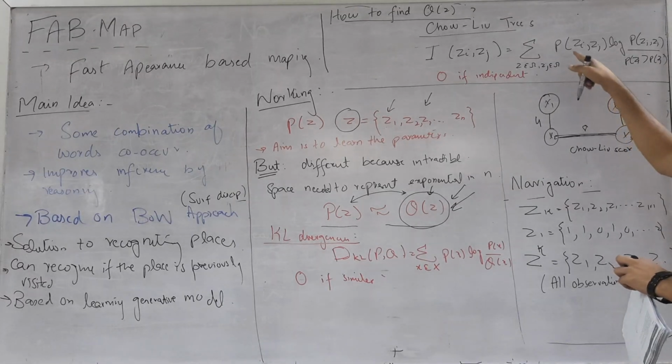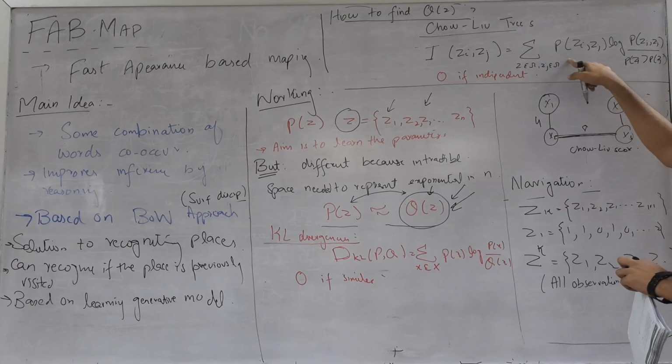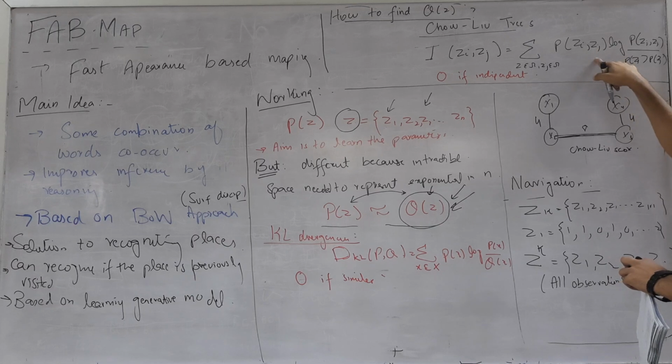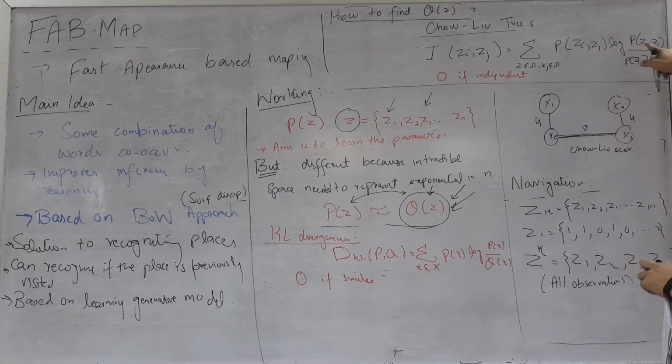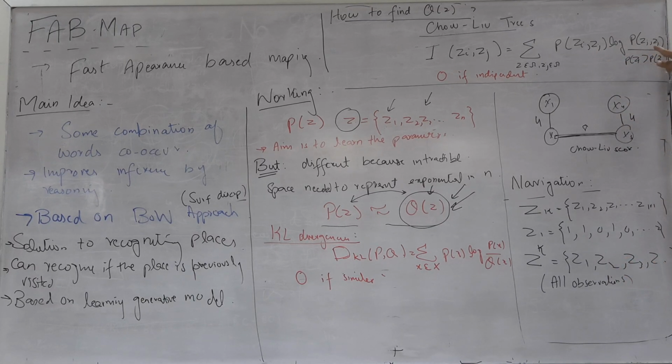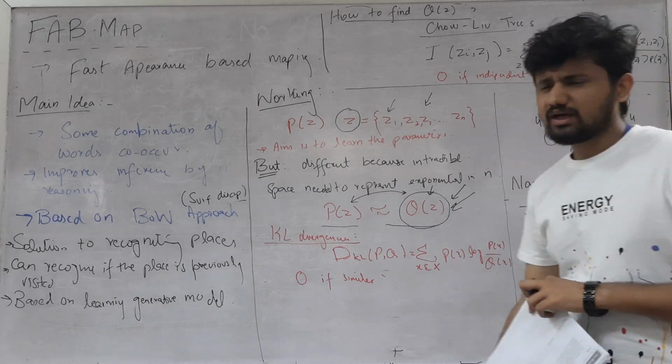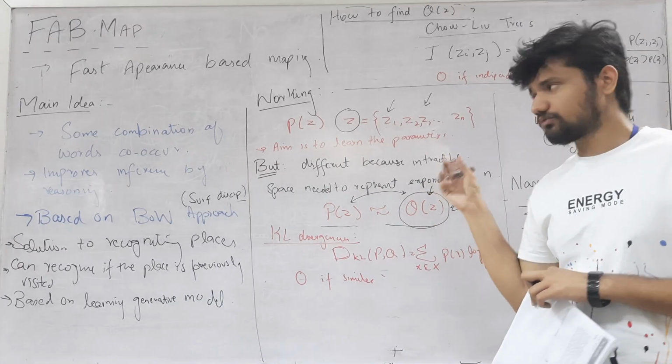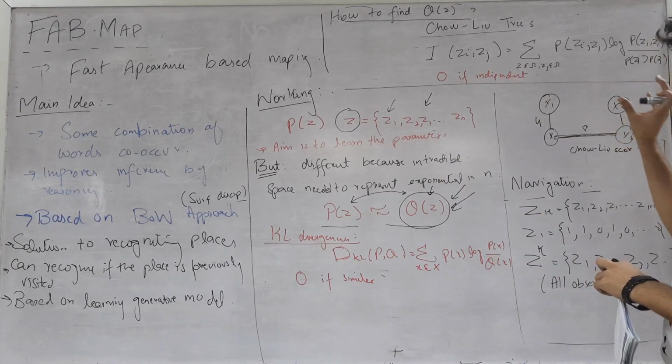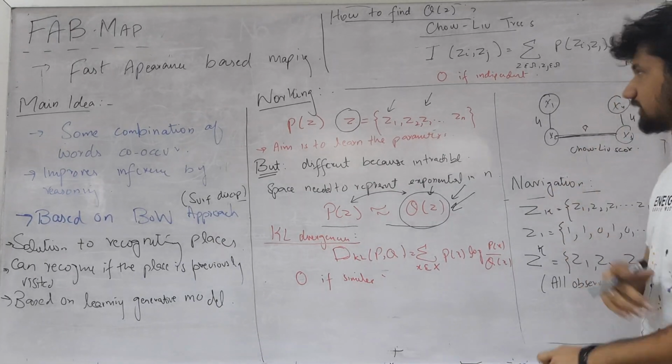And what is this score? This score is P(zi, zj) times log of P(zi, zj) divided by P(zi) times P(zj). I will give you the link of this formula in the description as well.